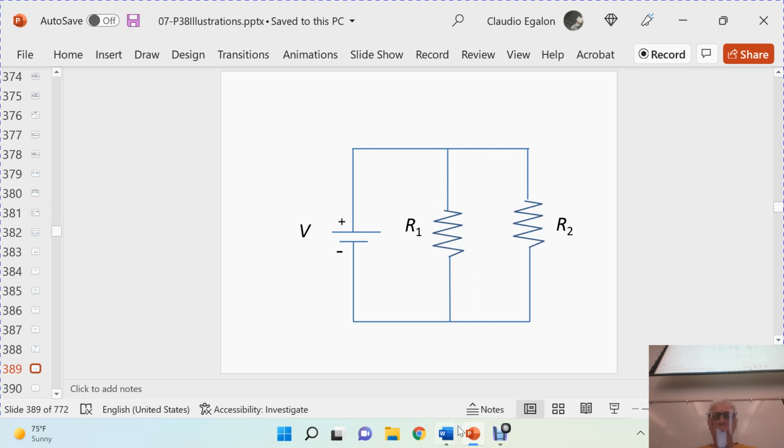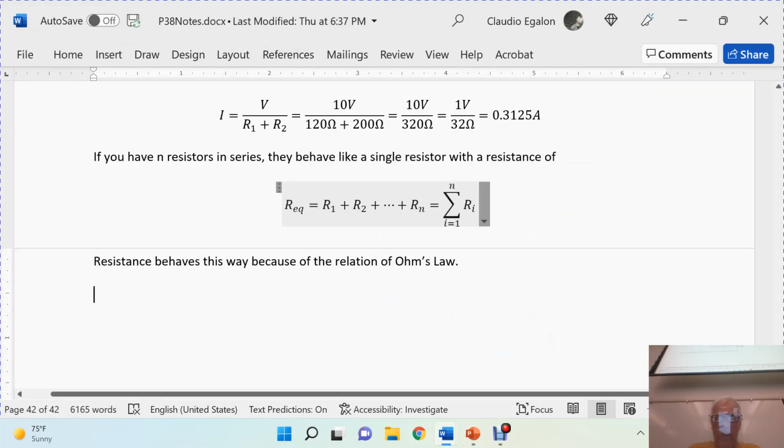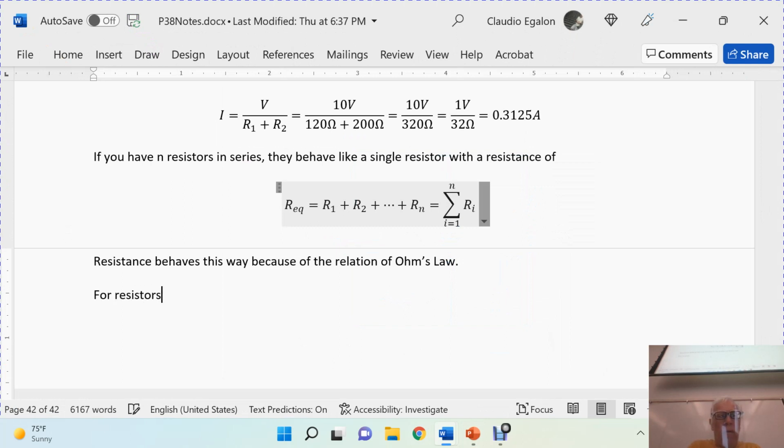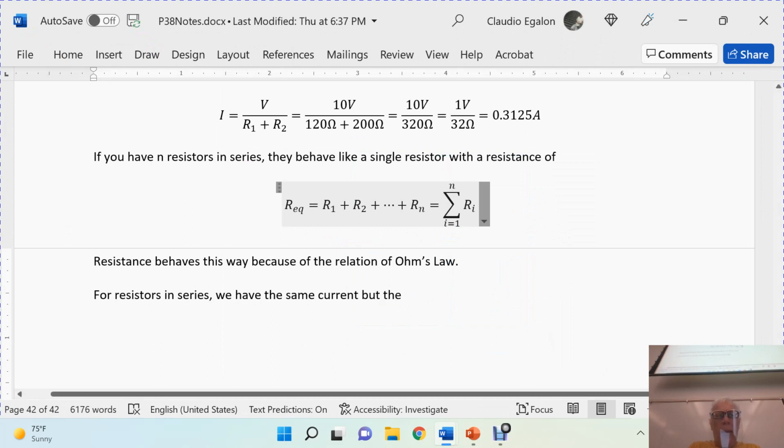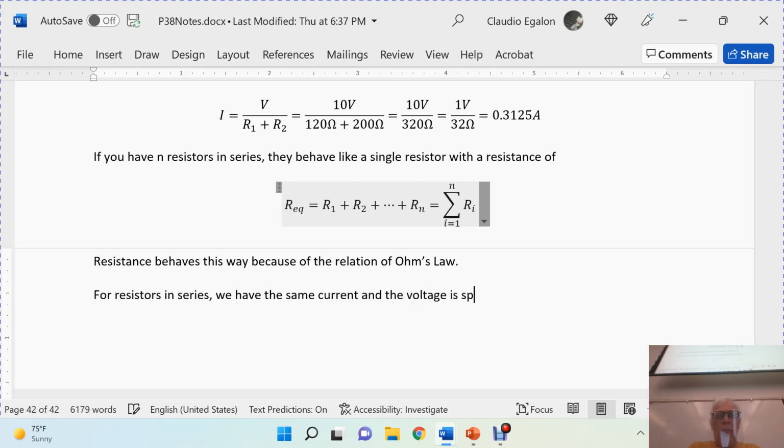Okay? So what's the difference between resistors in series and resistors in parallel? Resistors in series, four resistors in series, have the same current, and the voltage is split in between the resistors.